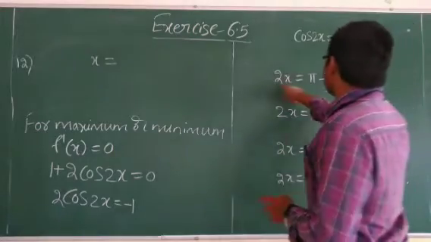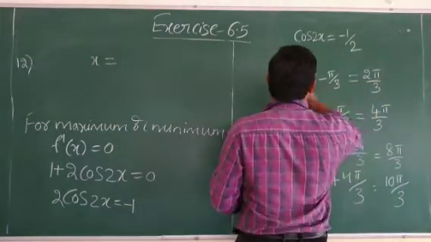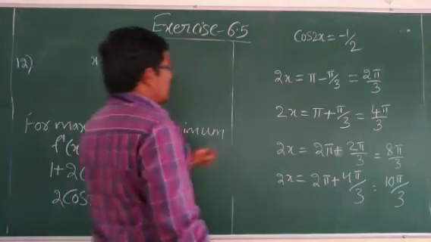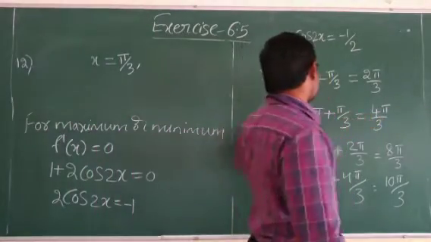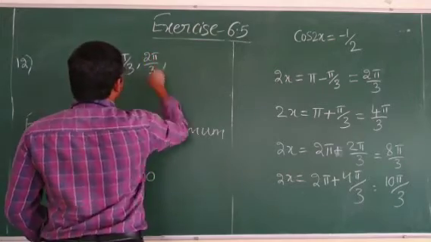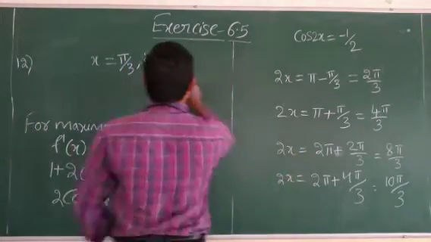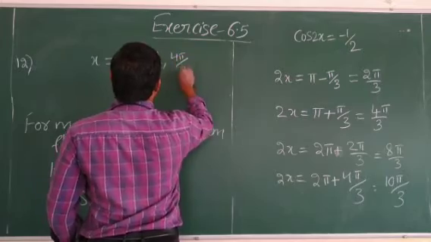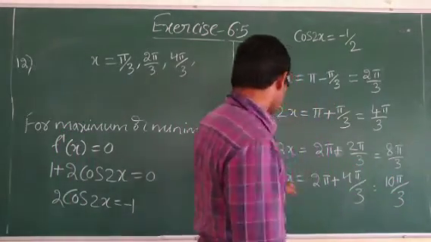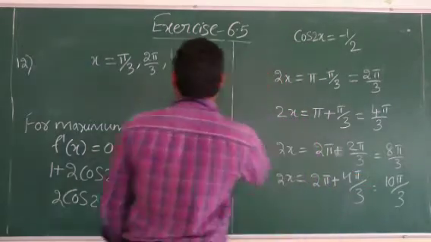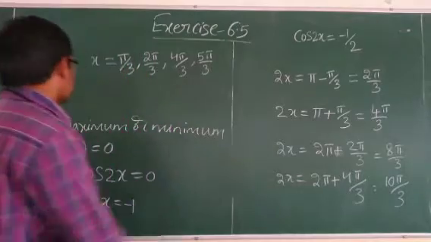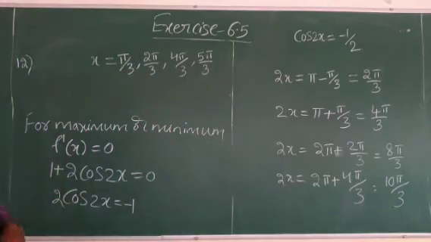If 2x is equal to 2 pi by 3, then x will be equal to pi by 3, and 2x is 4 pi by 3, so x will be equal to 2 pi by 3. From the next we get x equal to 4 pi by 3, and from this we get x equal to 5 pi by 3. So these are the 4 different values we get.